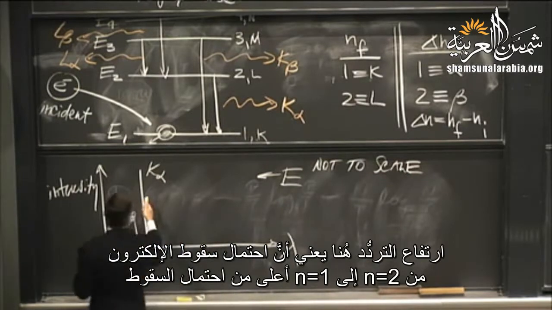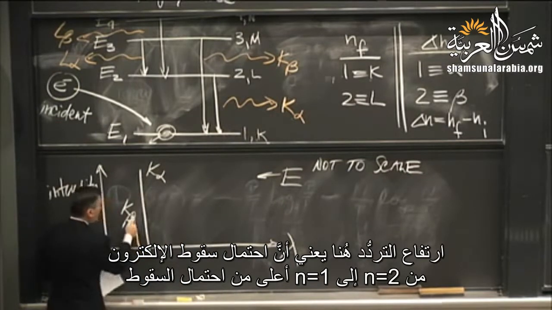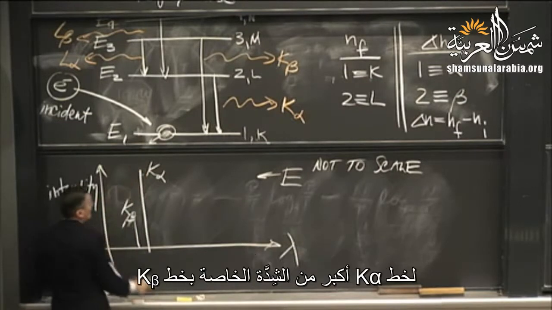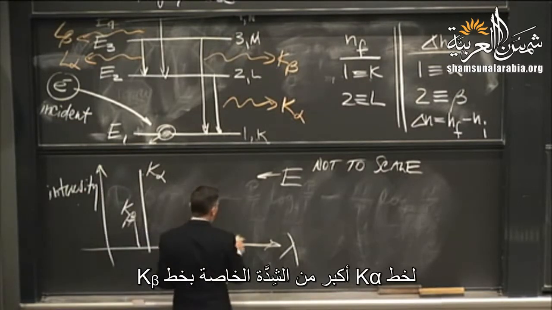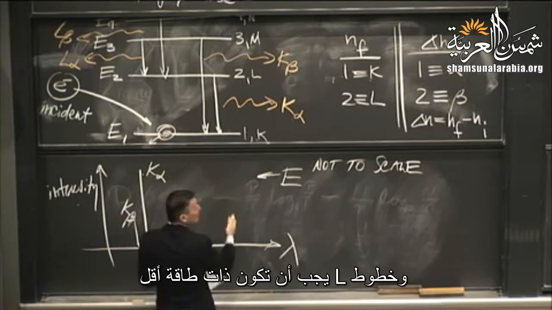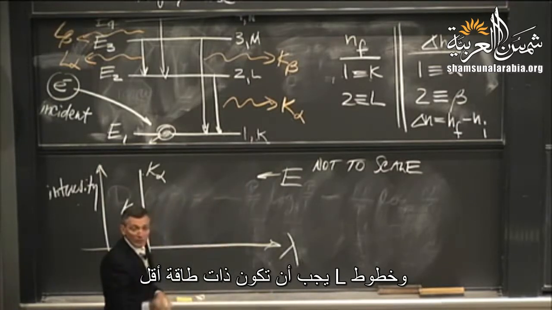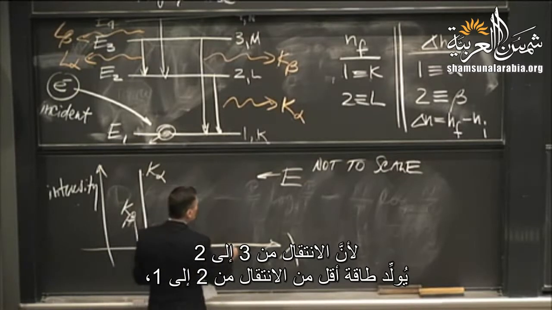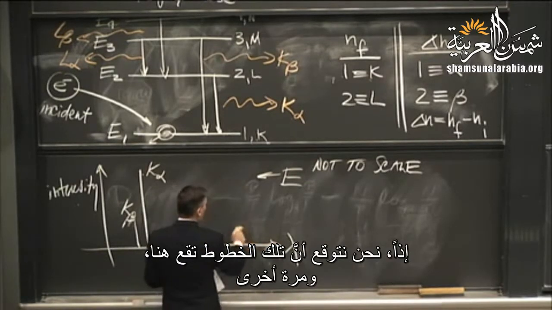The likelihood of falling from 2 to 1 is higher than falling from 3 to 1. And so you'd expect to have the intensity of the K alpha line greater than the intensity of the K beta line. And the L lines have to be of lower energy because transitions 3 to 2 are less energy than 2 to 1. So we would expect those lines to be out here.